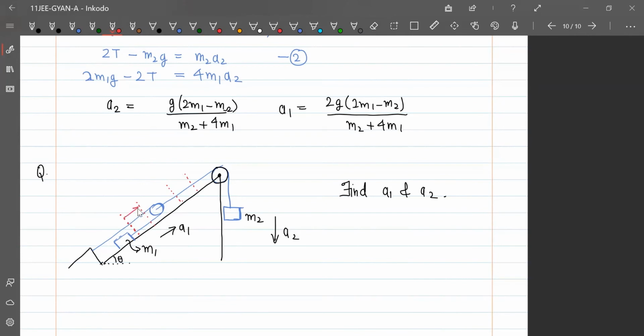If this is moving in the forward direction by L1, and this moves by, this will move by L1 by 2. So ये pulley, जब if this pulley is moving by L2 distance, so this block is, let us say, moving by L1 distance.